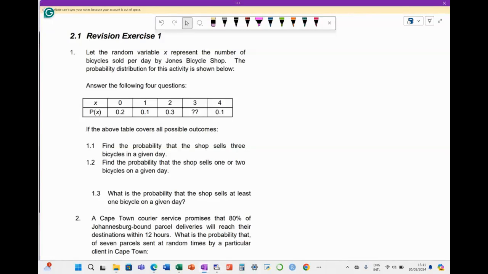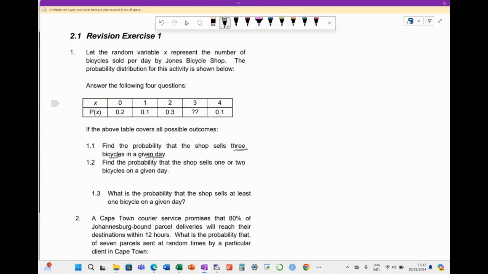If the above table covers all possible outcomes, find the probability that the shop sells 3 bicycles in a given day.